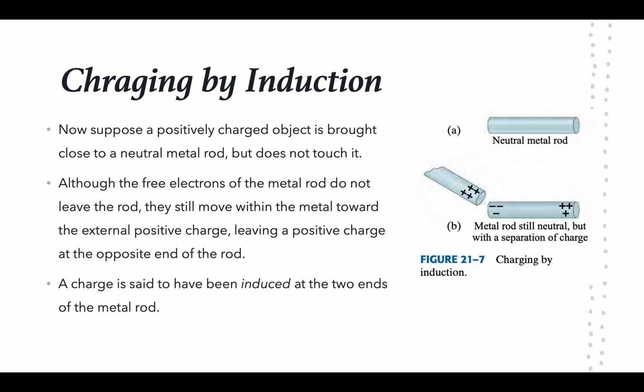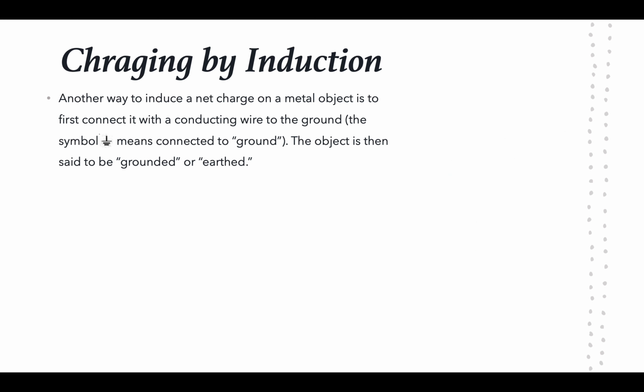Now, if we add an extra step, then we can completely charge an object and give it a different charge. The extra step is to ground this object. By grounding the object, we basically put a wire from the object to the earth.